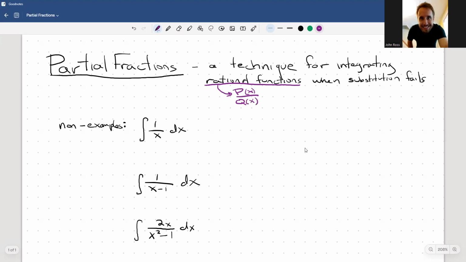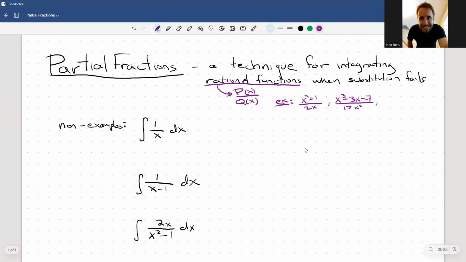There are many examples of rational functions. Just to list three of them, we could have x squared plus 1 divided by 2x. That numerator, x squared plus 1, is a polynomial, and the denominator, 2x, is also a polynomial, so this is a rational function. Another example: x cubed plus 3x minus 7 divided by 17 x squared, also a rational function.